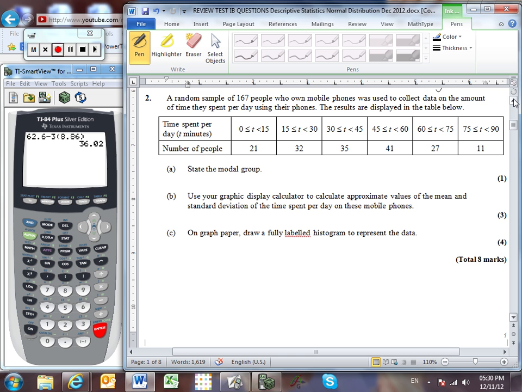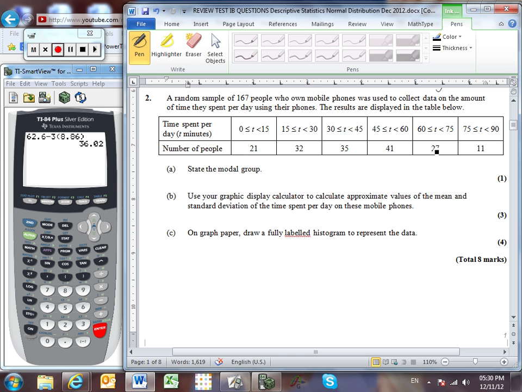A random sample of 167 people who own mobile phones collected all of that data below. It's a slightly differently organized table, but once again we've got continuous data in some time intervals or class intervals, and then we've got the frequencies with which each of these different class intervals has occurred.